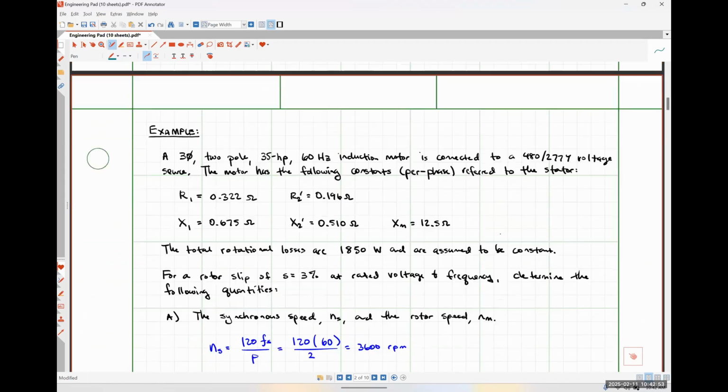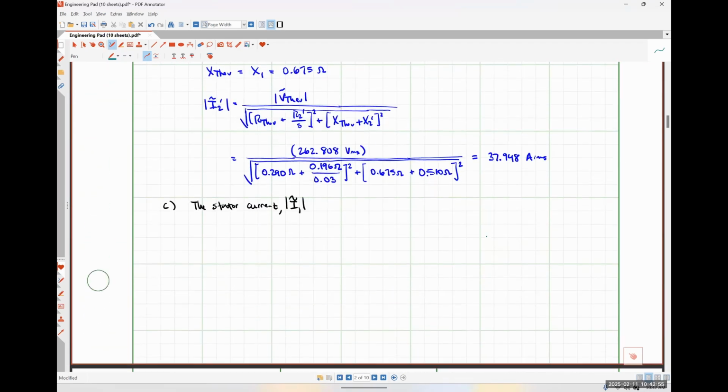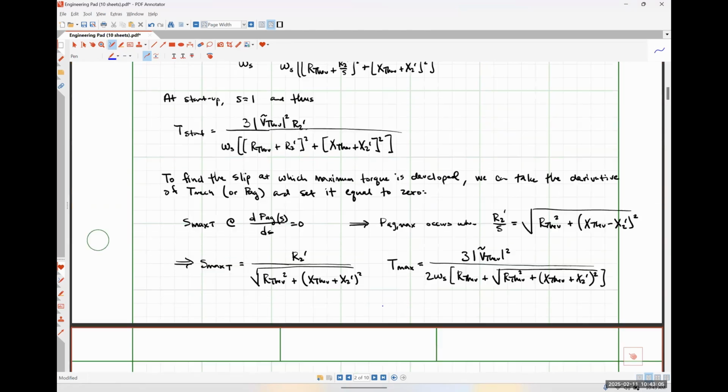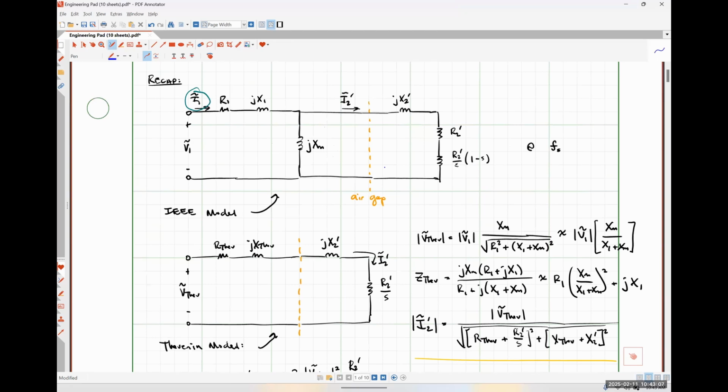So how would we find the impedance of our motor? So let's look back up here, and we're using our IEEE model here, okay? So anybody have any thoughts on what that might be?